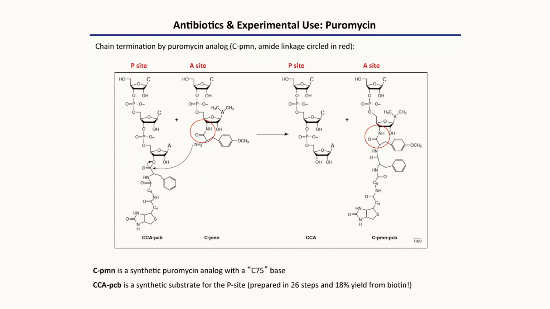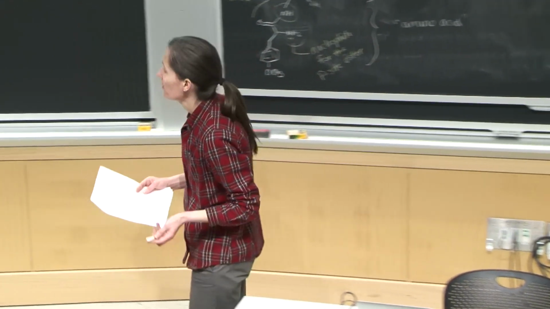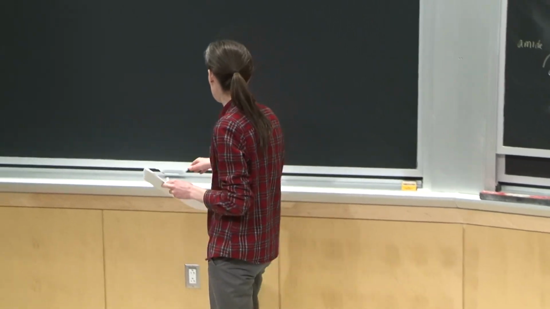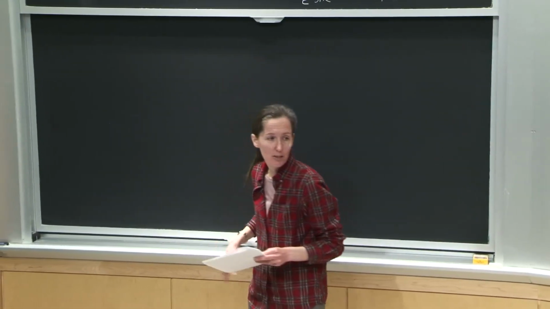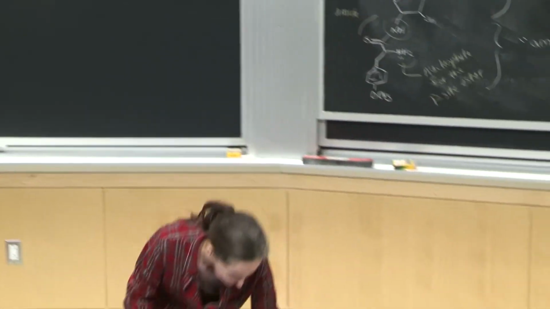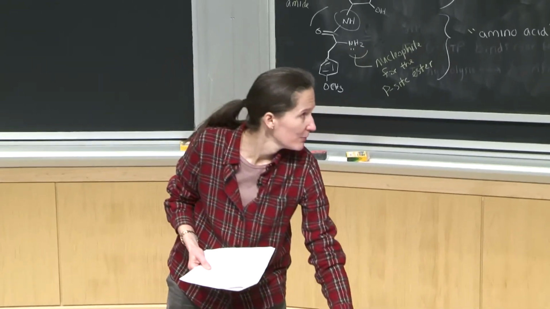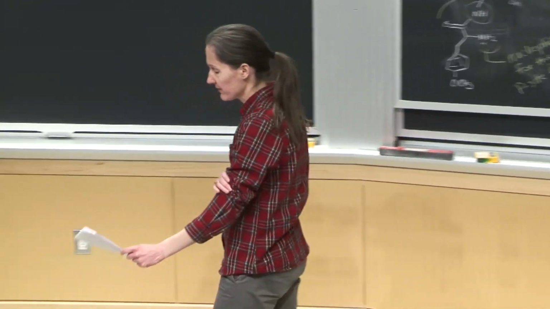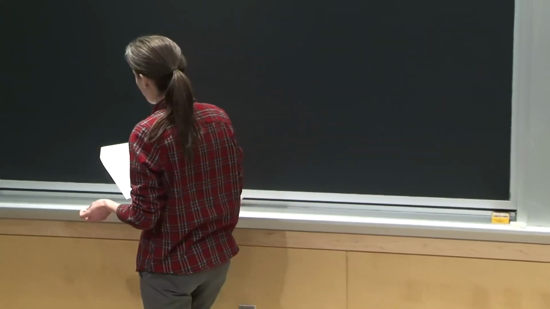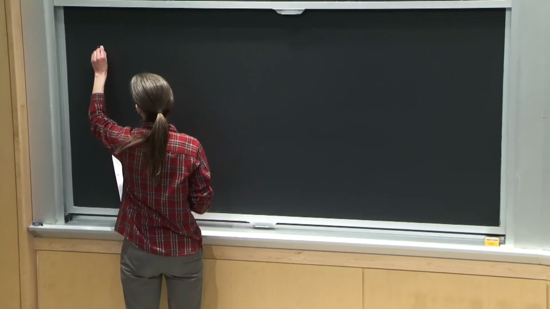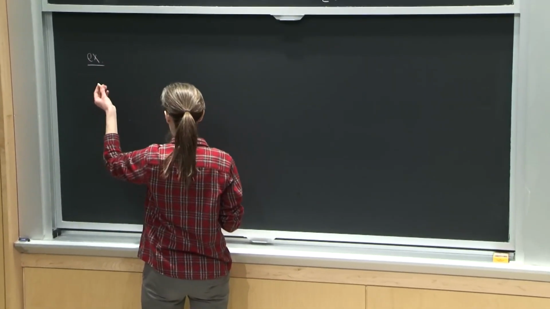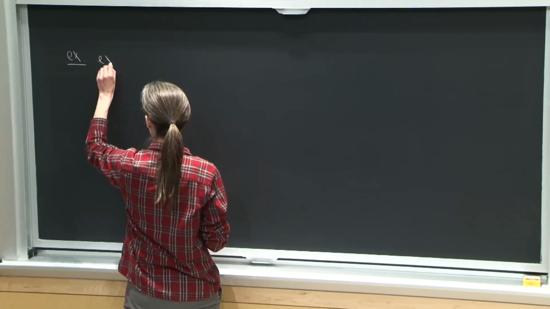So we'll close with one experiment that's been done using puromycin. We won't have time to go through all of it in the last few minutes of today, but I'll just introduce the problem, and we'll continue with the experiment next time.